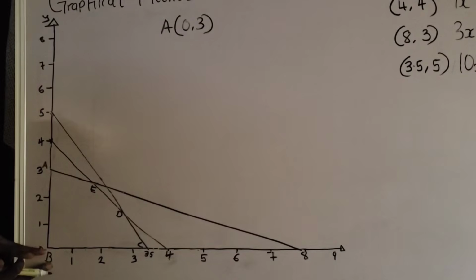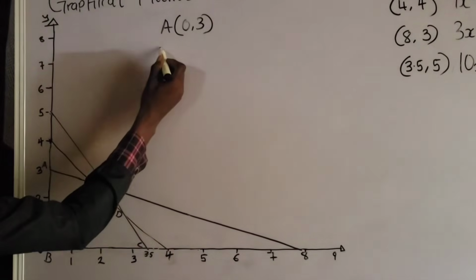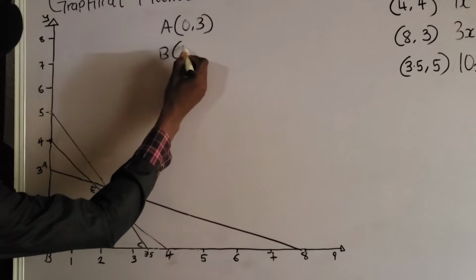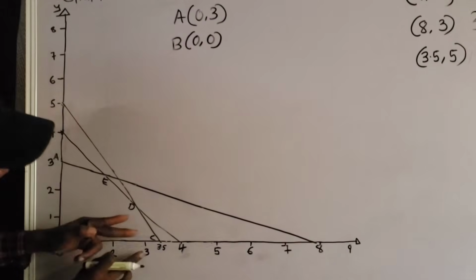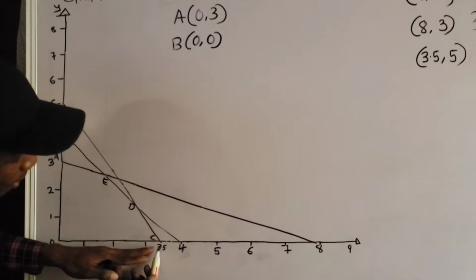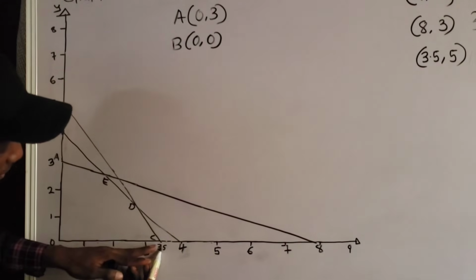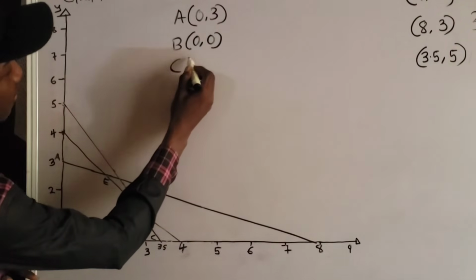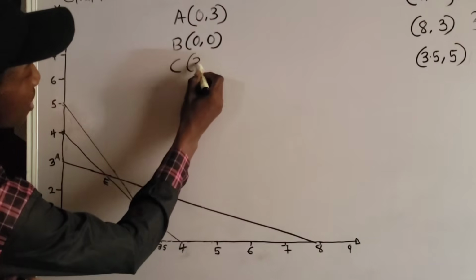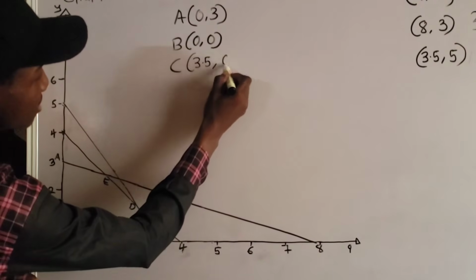Okay, at point B, the value of x and y is what? 0, 0. So at point C, the value of x, y is what? x is 3.5, and y is 0. So at point C, the value is 3.5, 0.